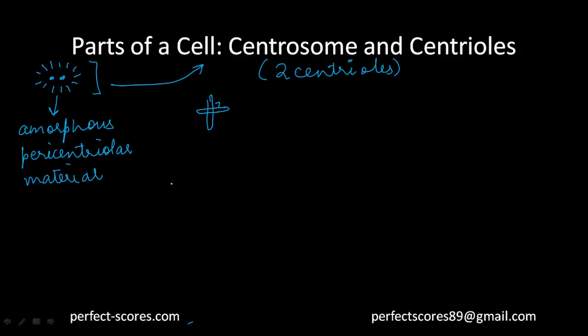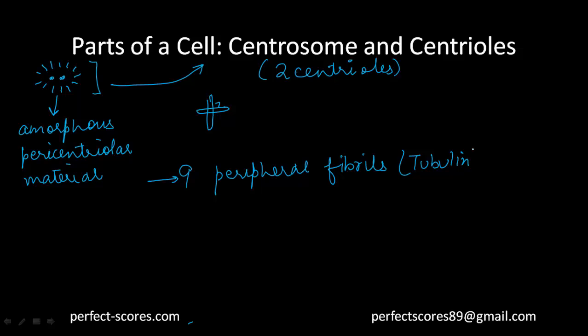So what exactly are these made up of? Now they are made up of 9 evenly placed peripheral fibrils of tubulin protein. That is the name of the protein. 9 peripheral fibrils, and each fibril is a triplet. That means it has 3 fibers in it, and adjacent triplets are also linked.